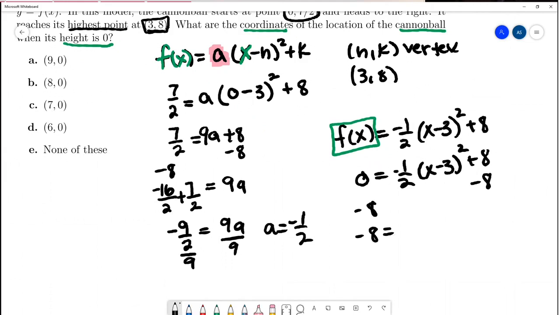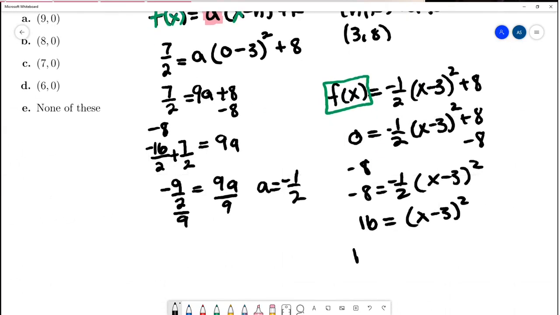So negative 8 equals negative 1/2 x minus 3 squared. I'll multiply both sides by the reciprocal of negative 1/2, which is negative 2. I have 16 equals x minus 3 squared. I can square root both sides. And that gives plus or minus 4 equals x minus 3.